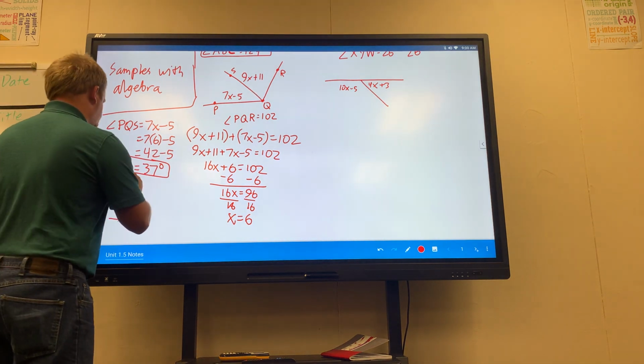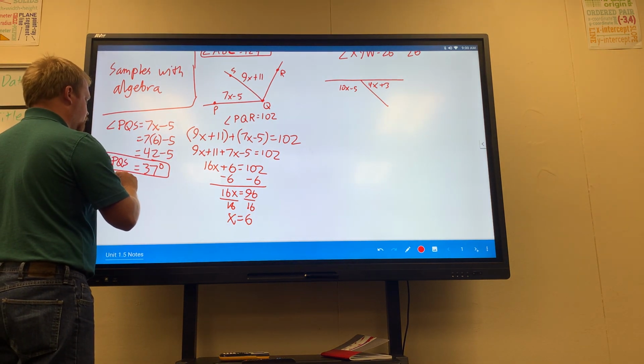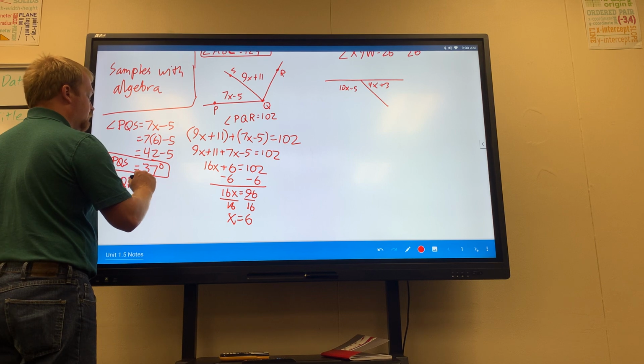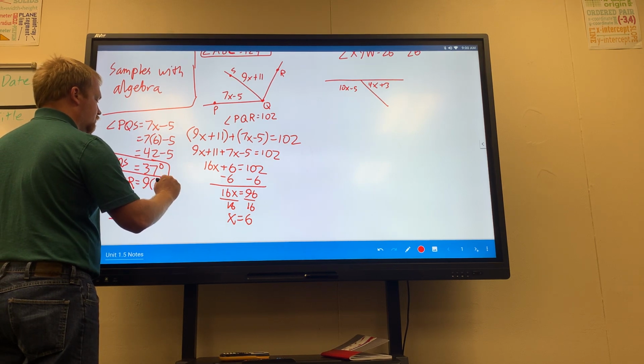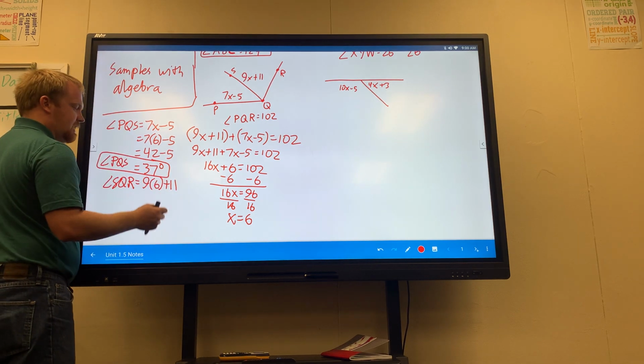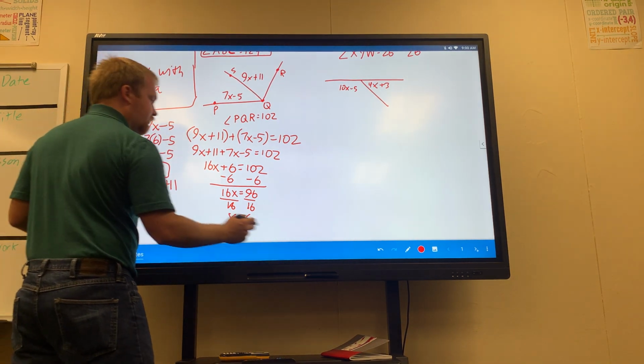Now, in order to find angle SQR, I just have to replace the x with 6.